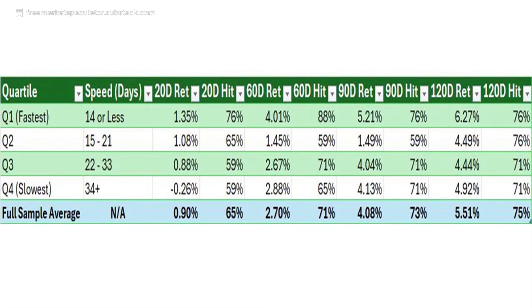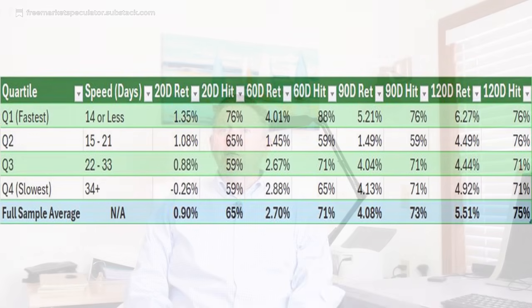On this basis, the fastest signals are arguably even more powerful, beating the slower signals and the full sample average over every holding period I examined, from 20 trading days all the way out to 120 trading days. As I said, the current oversold to overbought momentum velocity shift took 12 days for 14-day RSI, and just 9 days for this 9-day RSI, placing it firmly among the fastest of the very fast signals for both regimes.